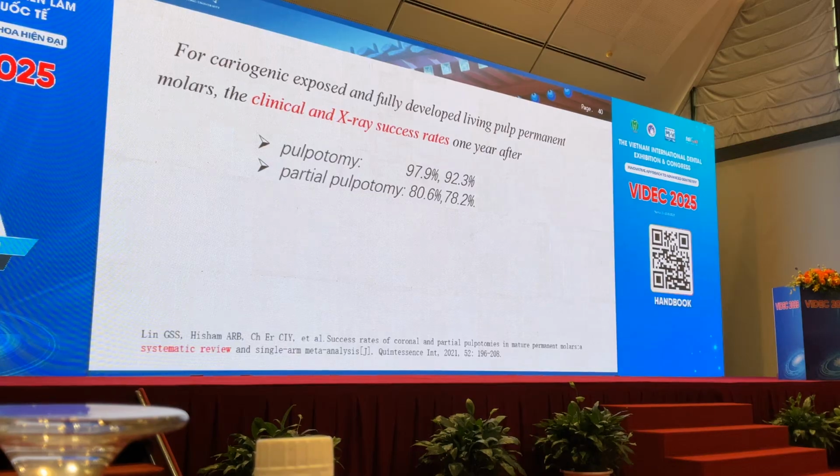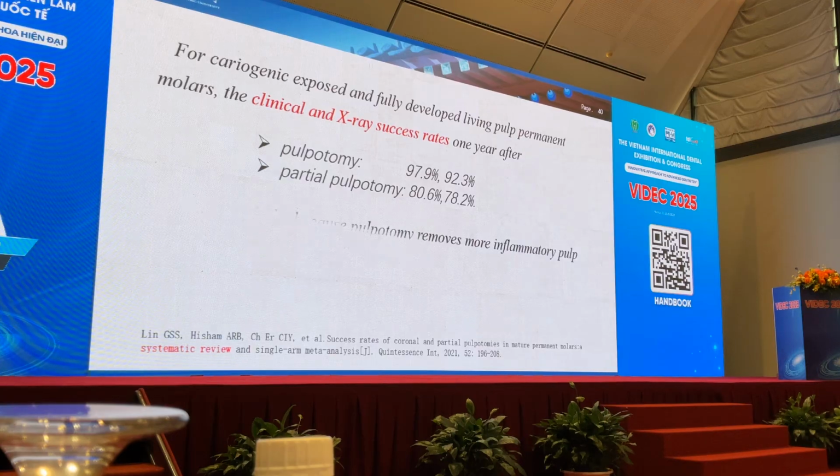In this research is found the clinical and X-ray success rate of pulpotomy, but how about partial pulpotomy? Significantly higher, right? Why?